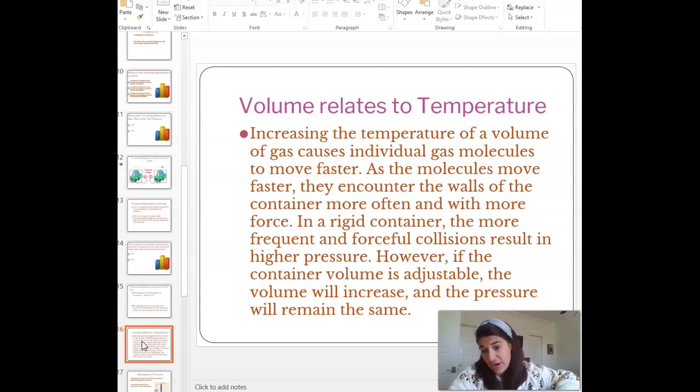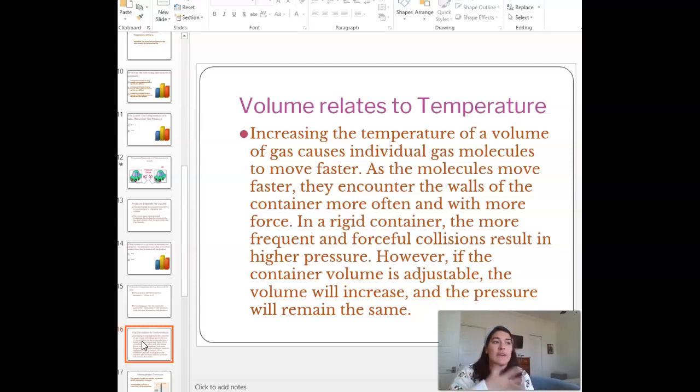A fun activity you can try at home is simply blow up a balloon and put it in your freezer. If you look at that balloon later, it should be smaller because those gas molecules are now low energy, so they're not colliding, so the balloon sort of collapses.